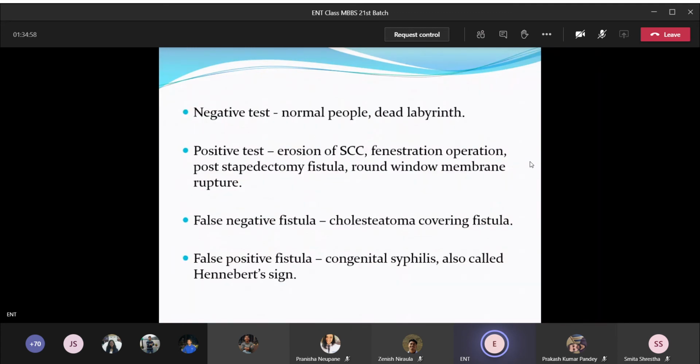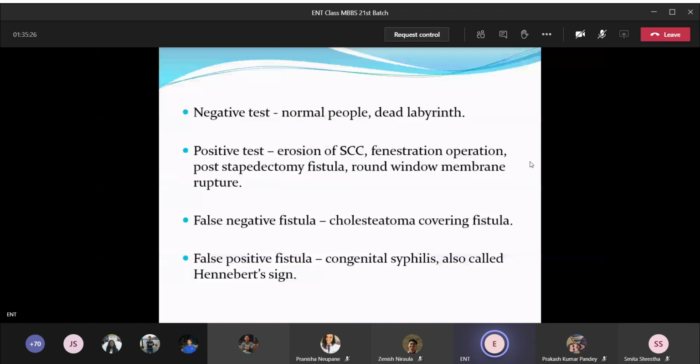So in normal people, it is negative, there will be no nystagmus, or in dead labyrinth there will be no nystagmus. And the test is positive in cases if there is erosion of semicircular canal, if the patient has undergone fenestration operation, post-stapedectomy fistula, or round window membrane rupture.